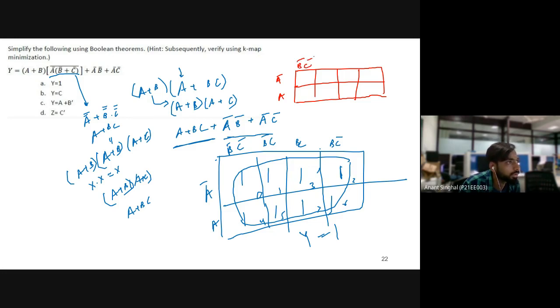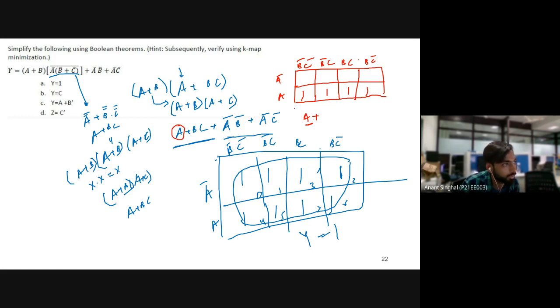B bar C bar, then B bar C, B C, and then B C bar. So for complete A, we know that we need to have this complete row as one. Then only this whole term will get one, and we'll get the sum as A. So this is how I filled A in this K-map.